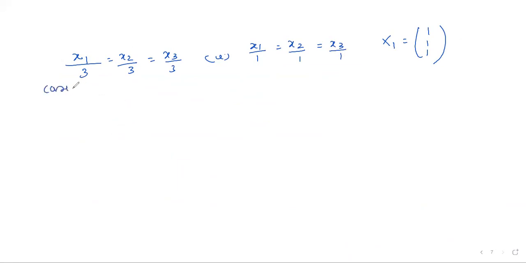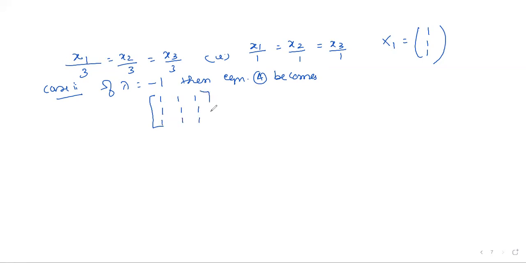Now case 2, if lambda is equal to minus 1, then equation A becomes, substituting lambda is equal to minus 1, all the values are equal to 1 for me. So this is multiplied with x1, x2, x3 equal to 0.